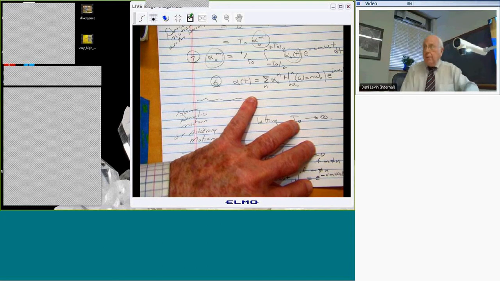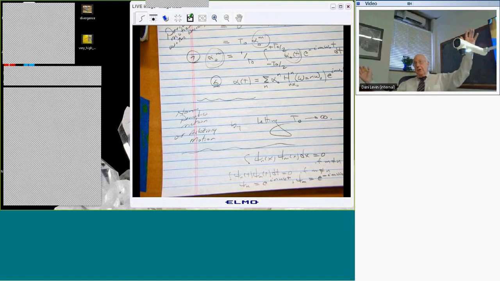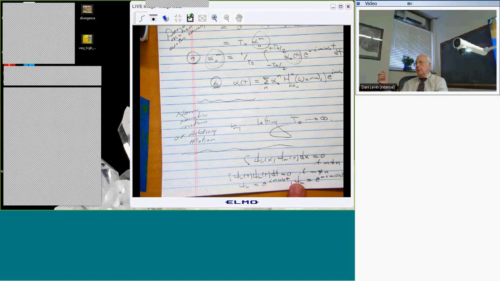I mean, a lot of functions aren't orthogonal. In fact, the functions that are orthogonal are a small but very important subset of all functions in the world, right? So you have to prove orthogonality for the functions in hand. The only way you really know this is true is to perform that integral. You take these functions, e plus and minus I n or m omega naught t, and integrate from minus T naught over 2 to plus T naught over 2 and see if in fact they're orthogonal.